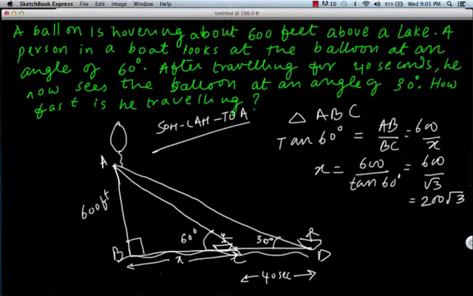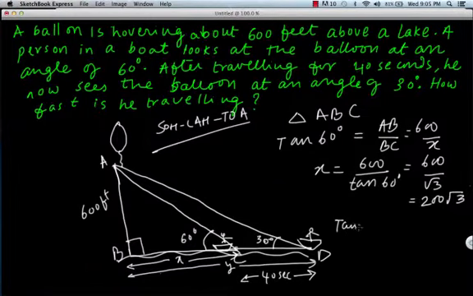We also know that after 40 seconds he is looking at an angle of 30 degrees. So let's calculate this distance y, which is BD. Again we have the opposite side and we need to calculate the adjacent side.